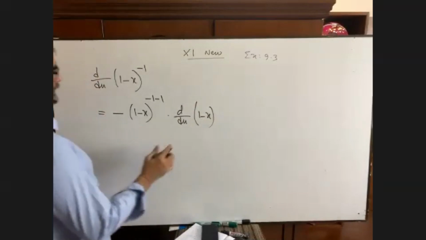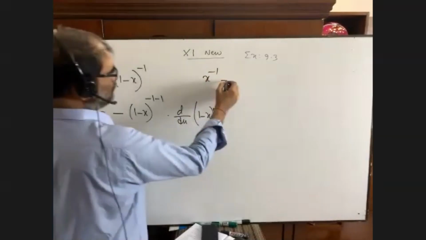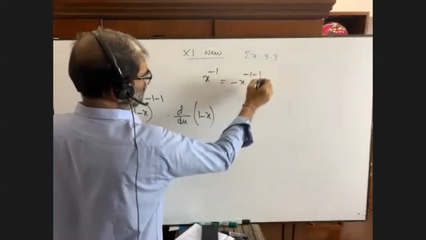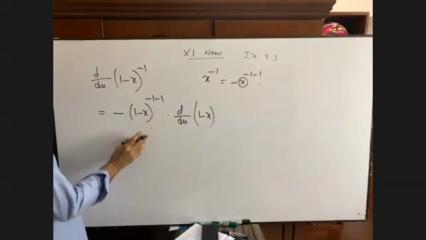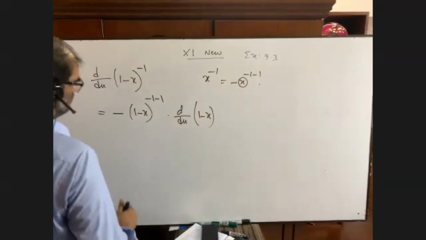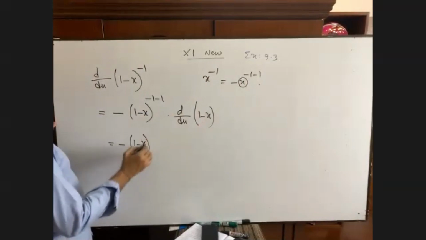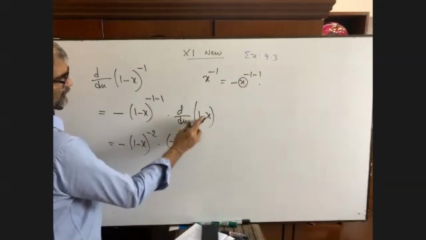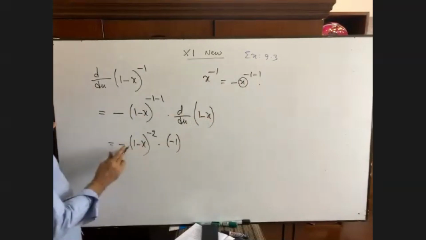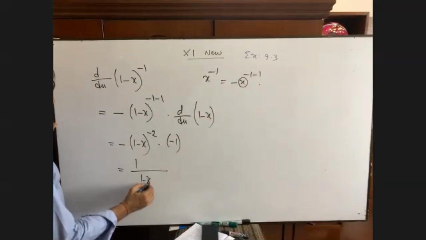Compared with x to the power minus 1, this is the x, 1 minus x. It is not only x, so it is to be differentiated again. So we get minus (1 minus x) to the power minus 2 times minus 1. Minus minus is plus, so we get 1 in the numerator and 1 minus x whole square in the denominator.